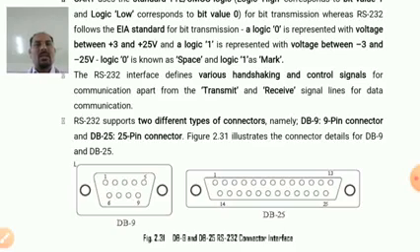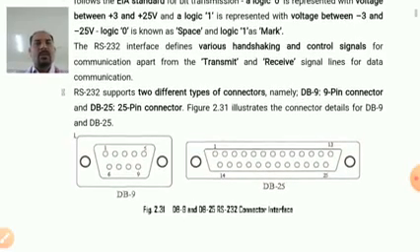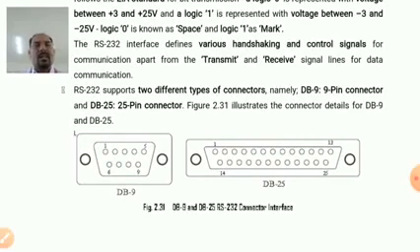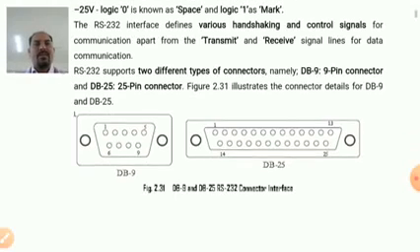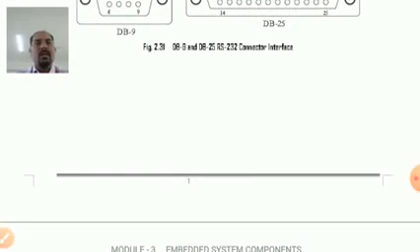There are two types of connectors in this: DB9, that is a 9-pin connector, and DB25, a 25-pin connector. These two types are shown in the figure, and the 9 pins of the DB9 connector are also shown.